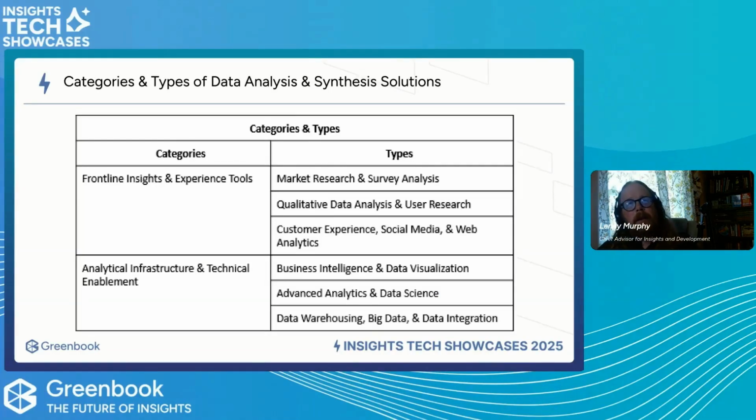So there's a lot of different categories and types. Obviously, what we would call frontline insights and experience tools, that's market research, survey analysis, qualitative data analysis, customer experience, social media, web analytics. Those all fall under the insights organization. But then there's certainly much more technical components that we touch on, but are distinct and kind of adjacent: business intelligence, data visualization, advanced analytics, data science, data warehousing, big data, data integration.